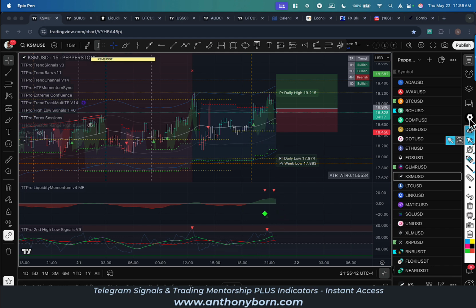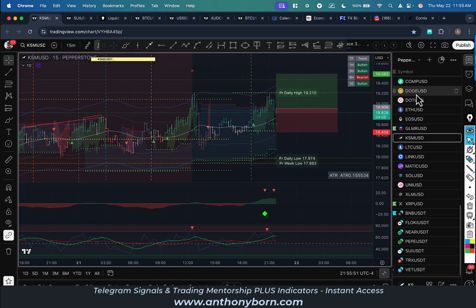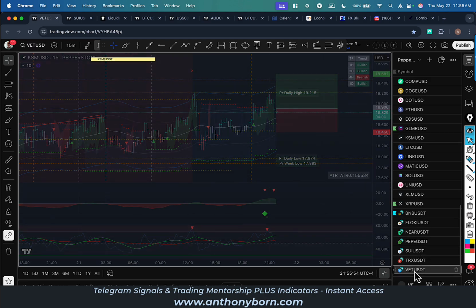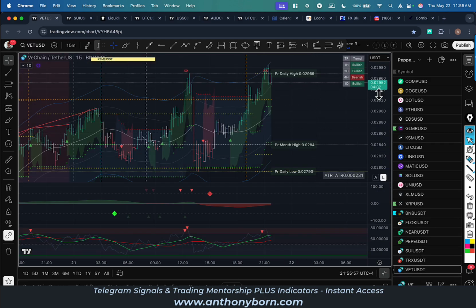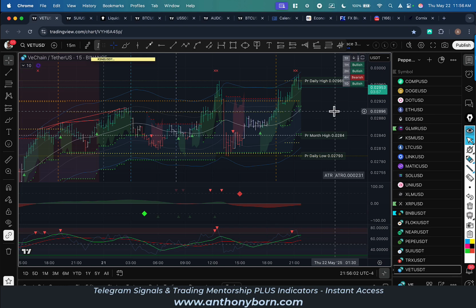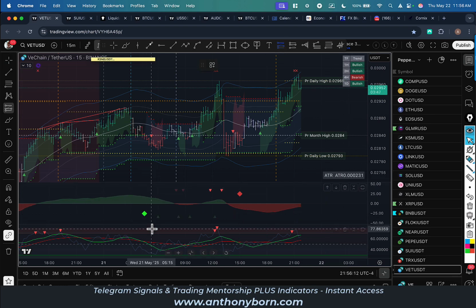So let's go through and have a look and see how the most previous signals were stacking up. Let's start from the bottom. Let's go down here, V-chain, and we'll see how this stacks up. We just have a look at the very last signal on all of these. Okay. Green zone. See, green crossing up here.